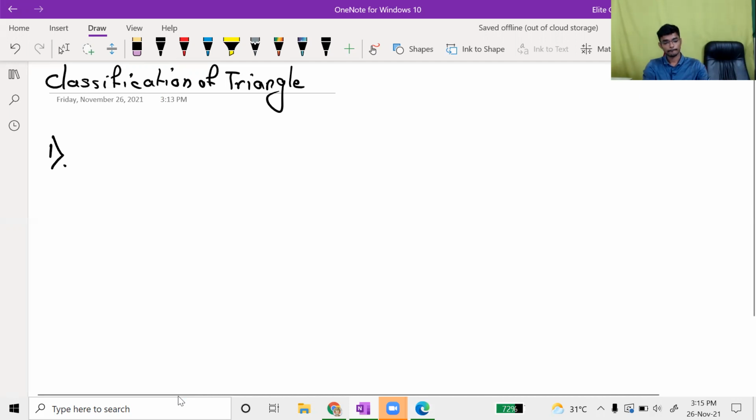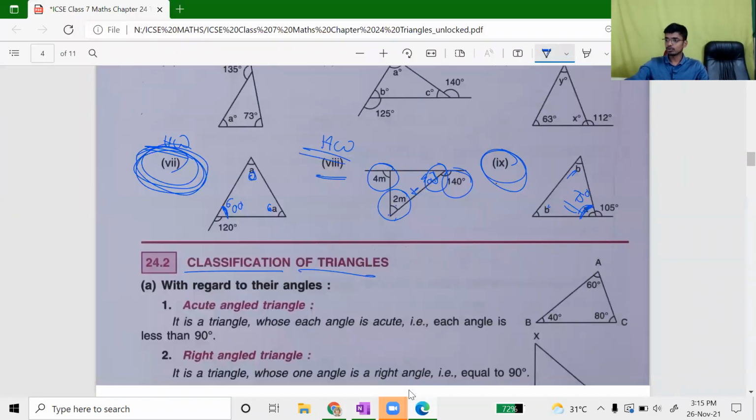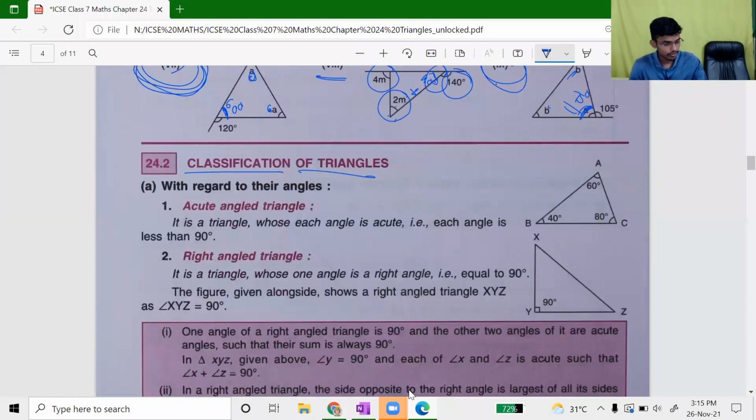See, in your textbook, the triangles are classified on the basis of sides and angles. The first one is the acute angle triangle.